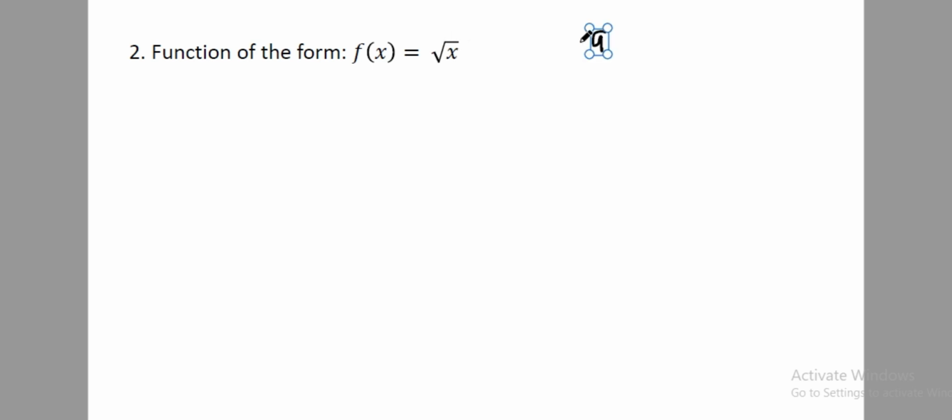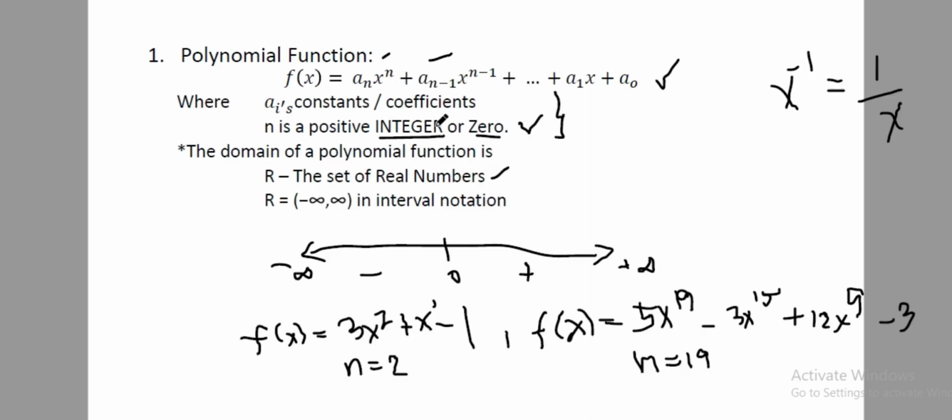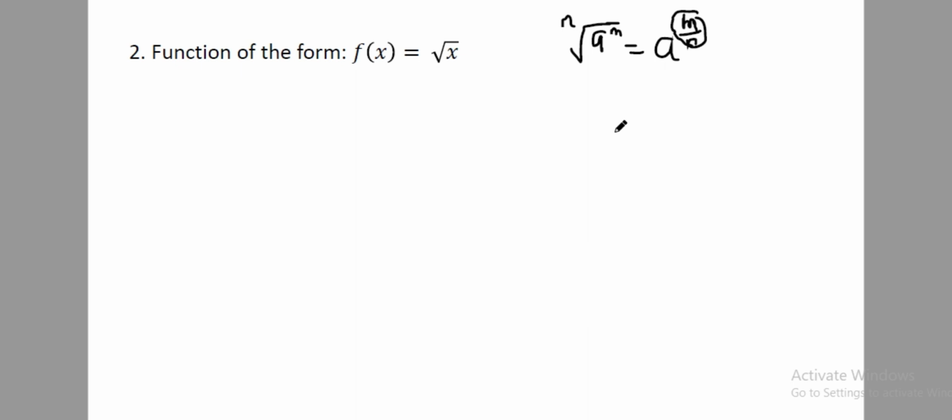Because by the definition of nth root, if we have, for example, m over n in general, our exponent here is not necessarily an integer, because in a polynomial function the exponent must be an integer.